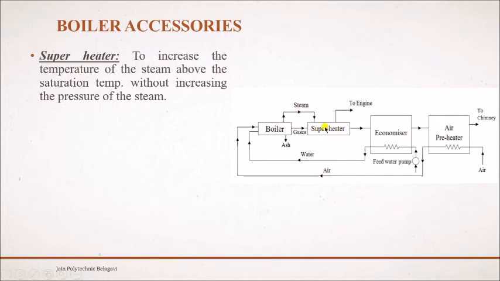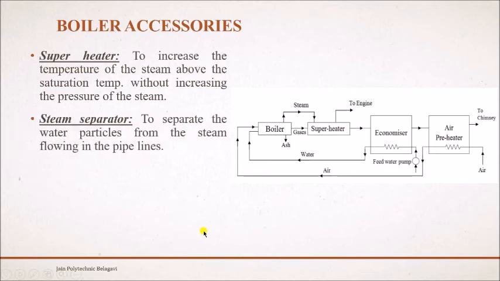It increases the temperature of the steam but keeps the pressure the same. The purpose of this superheating is to increase its capacity to do work. If there is higher temperature steam, its capacity to do work will be higher. For that reason, this superheater is used.